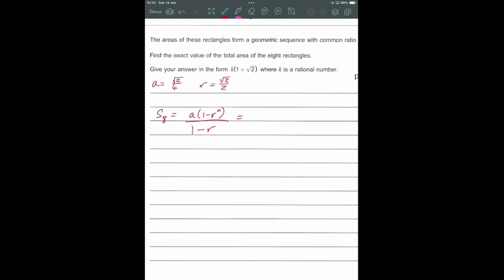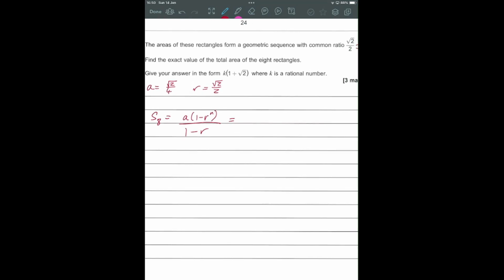So that's going to be, now it wants exact value. So I'm really tempted to type this into my calculator, but I know that's going to fail me. So instead, I've got 8 on the brain. Instead, I'm going to write it out and try and simplify as much as possible without the calculator.